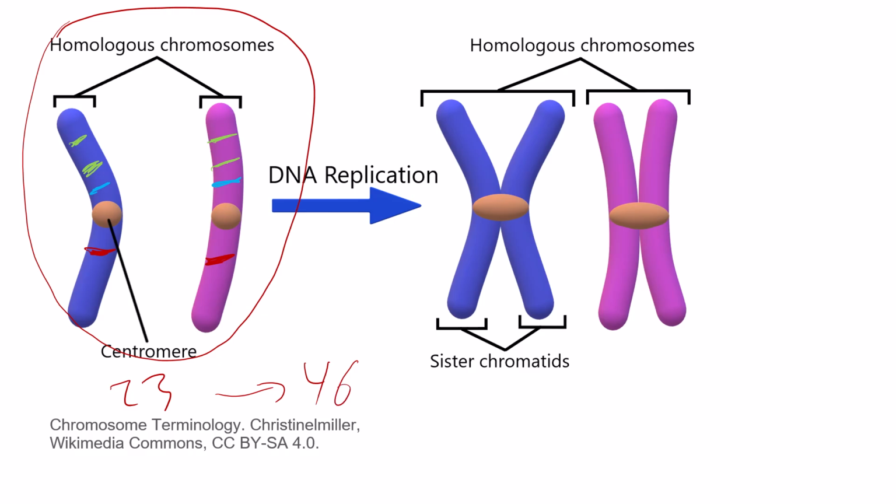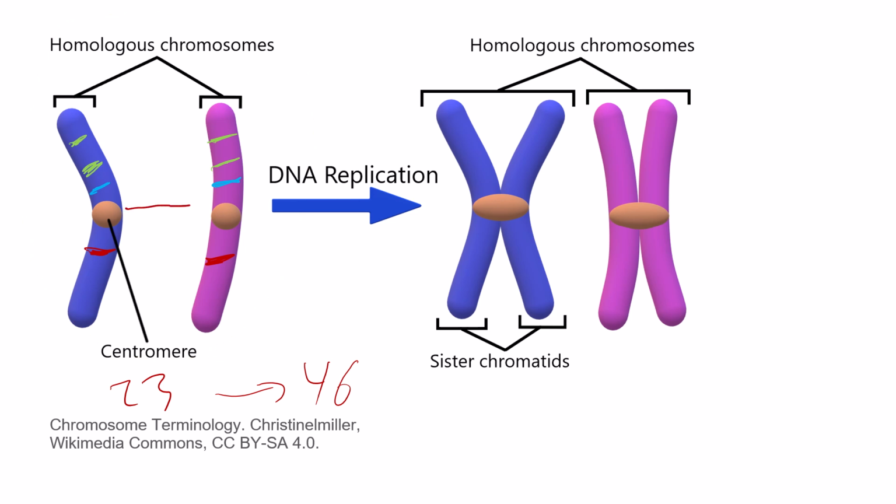Now when the DNA is copied, the chromosomes look like this. See how this blue chromosome here on the left, it now has 2 copies, one here and one here, and it's attached in the middle by that centromere.